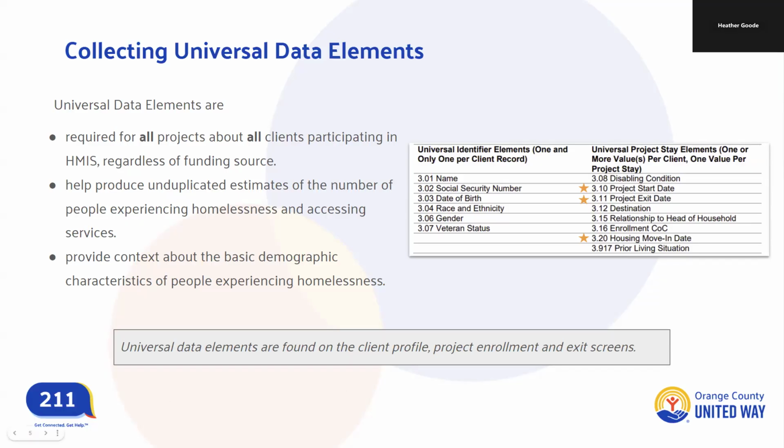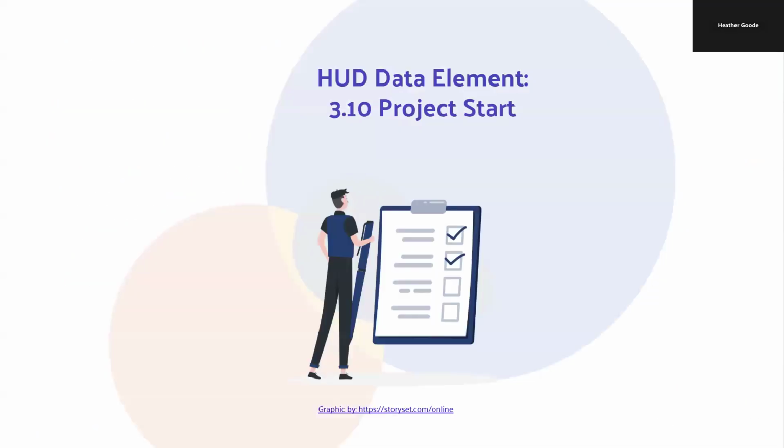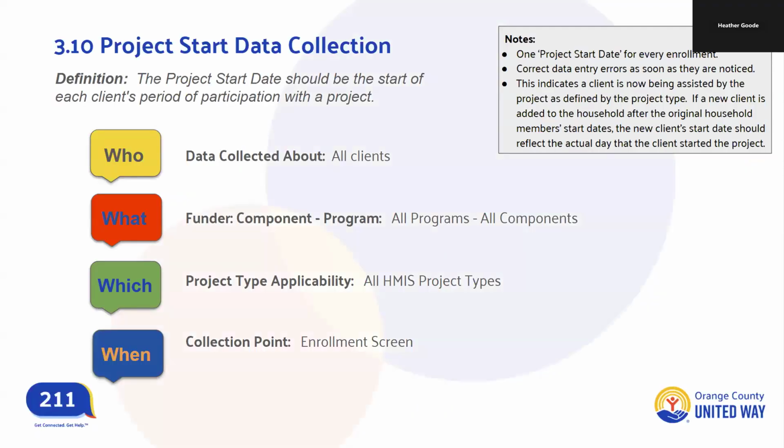So we're going to focus on three critical date elements: project start date, the project exit date, and the housing move-in date. So the first one we'll be covering is 3.10 project start. The project start date should be the start of each client's period of participation with the project.